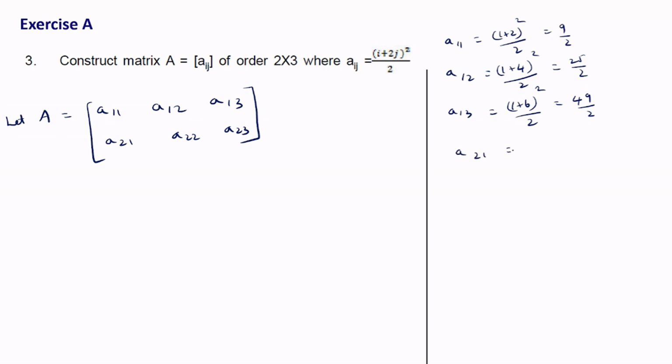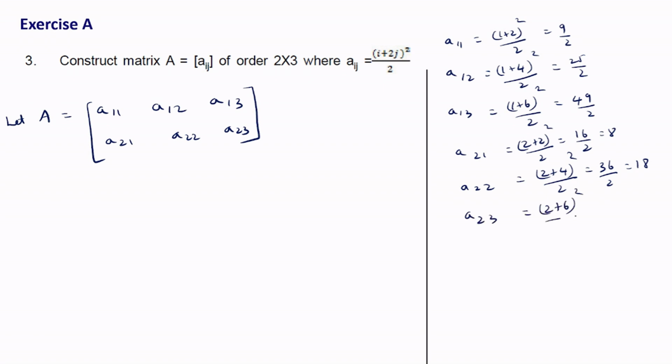Then A21 will be (2 + 2) the whole square by 2. It is 4 square, which is 16 by 2, 8. Then A22 will be (2 + 4) the whole square by 2. It is 6 square by 2, which is 36 by 2, 18. Then A23 will be (2 + 6) the whole square by 2.